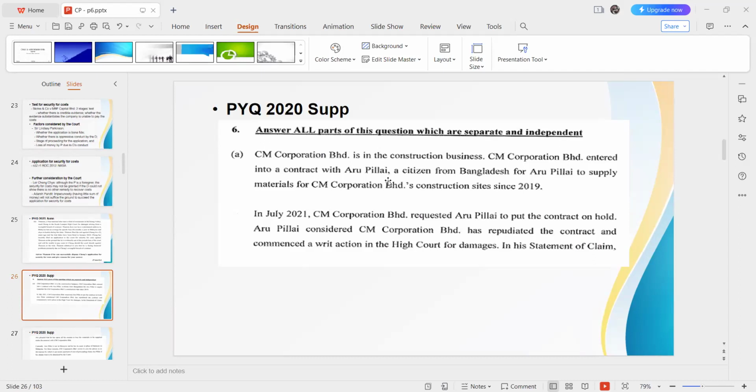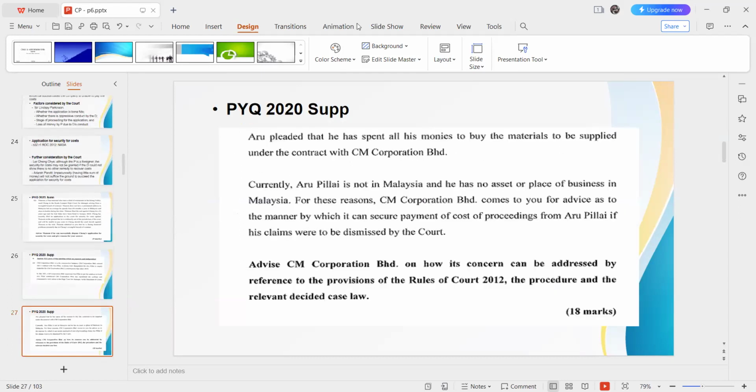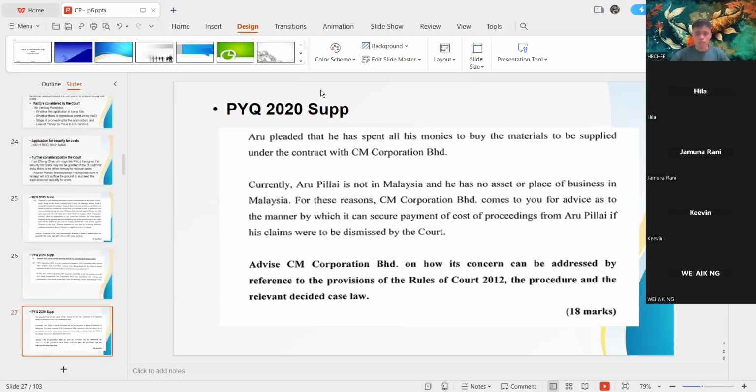And then CM has put the contract on hold and repudiated. In the statement of claim, now Aru pleaded that he has no money already. He's quite broke already. And then now he wants to know whether the thing can be done, whether the CM can force him to pay the security for cost, because it also suffices two grounds already.